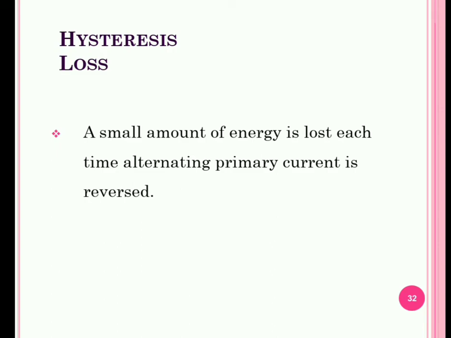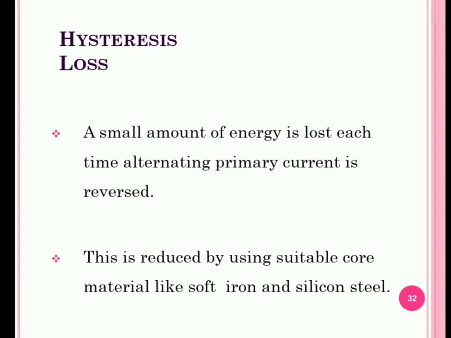When the positive half cycle is flowing, what happens? The flux will be developed in one direction. But during the second half cycle, it just gets reversed. So the flux that is flowing in the core is in one direction, and then immediately it is changing.